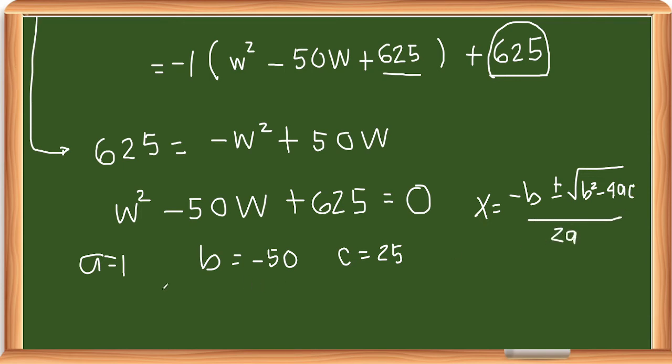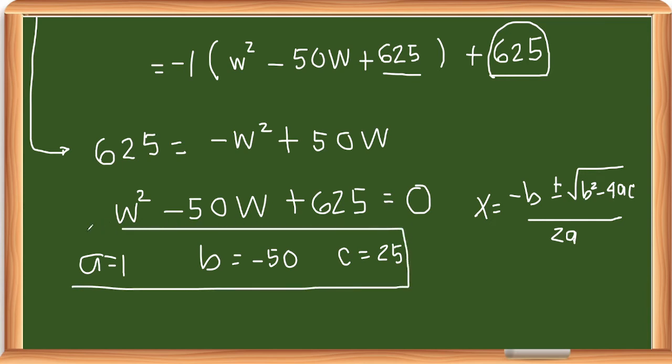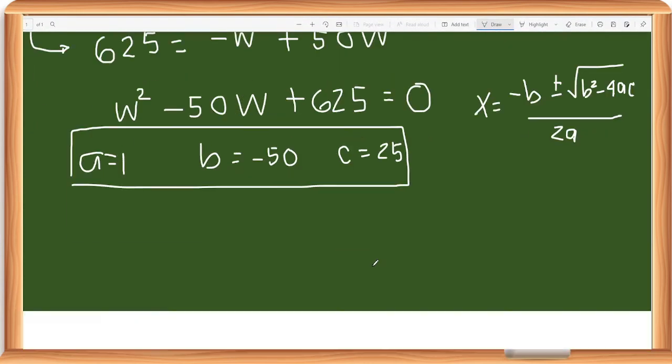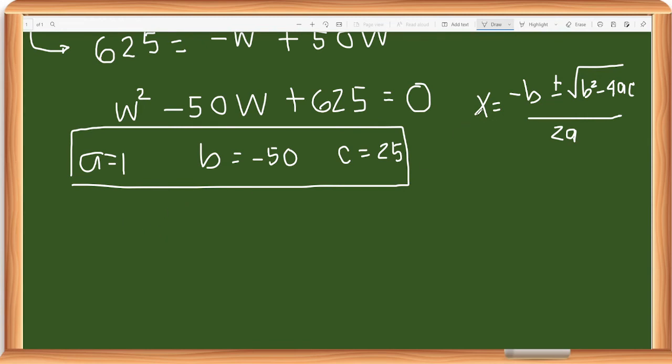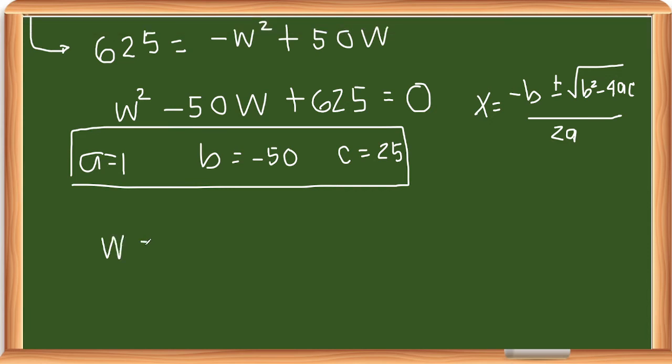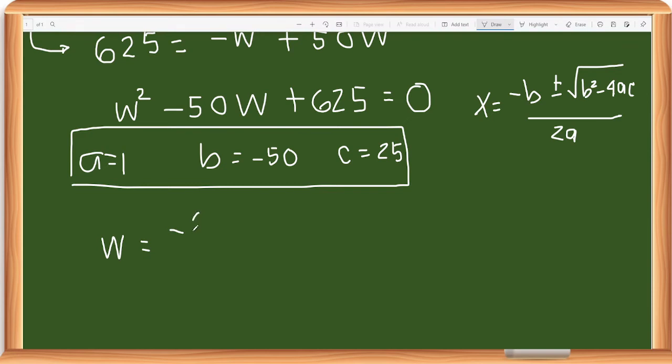Okay, so let's try to substitute this one, etong value ng a, b, c dito sa formula, no? So, instead of using x, w, kasi w yung nahanap natin, ano? W therefore is equal to negative of negative 50. Ang b mo is negative 50.